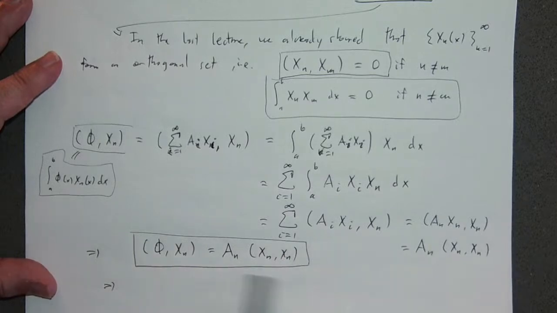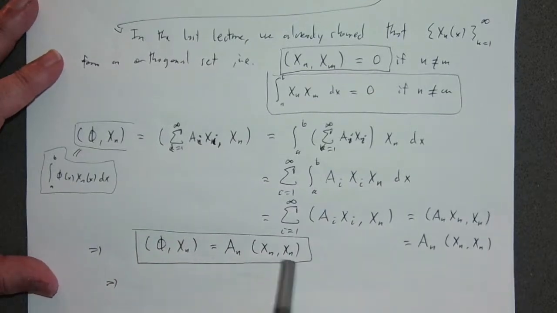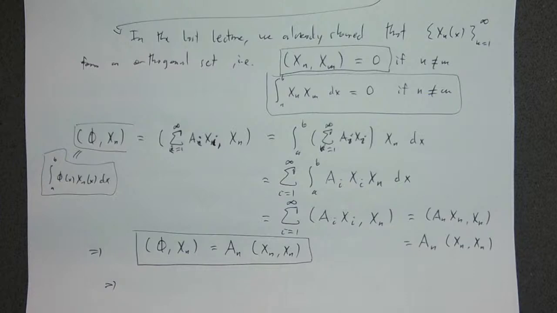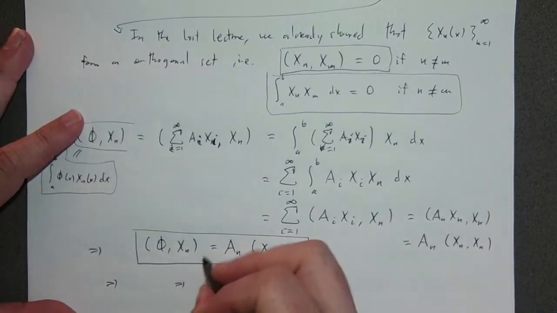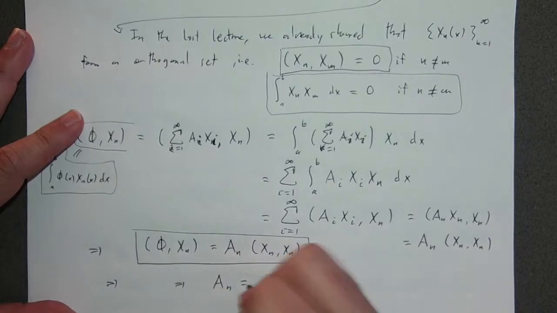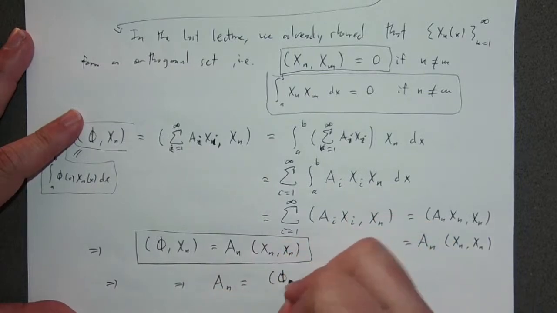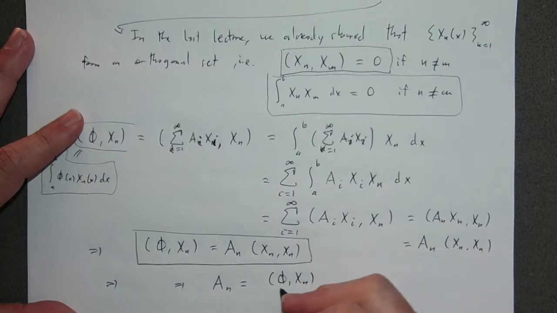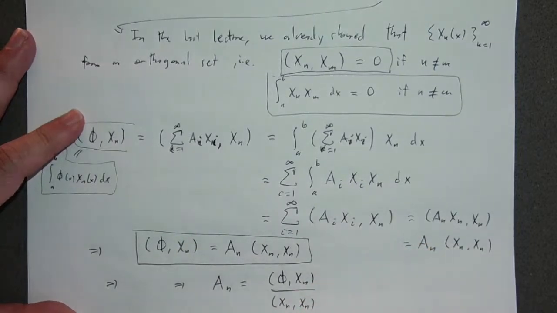But then dividing by this inner product of x sub n with itself, which is non-zero since I'm pairing a vector with itself here, this tells me that a sub n is the inner product of phi with x sub n over the inner product of x sub n with itself.